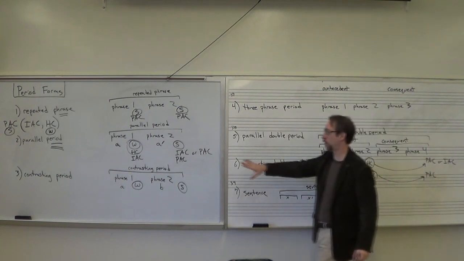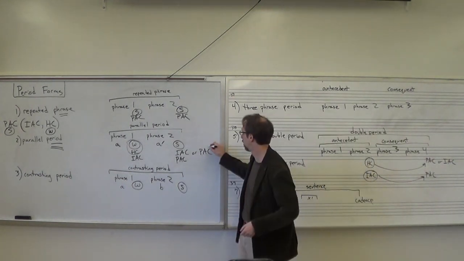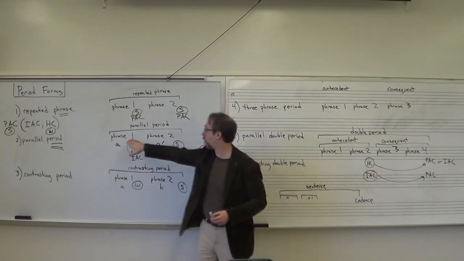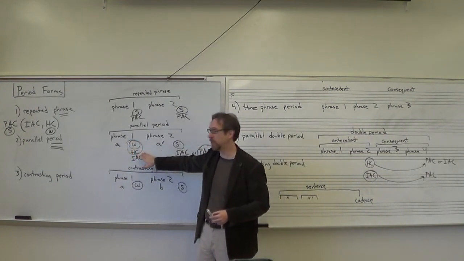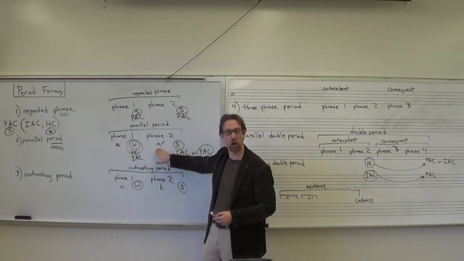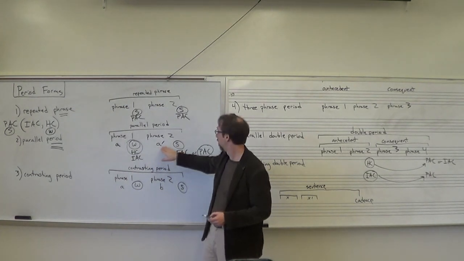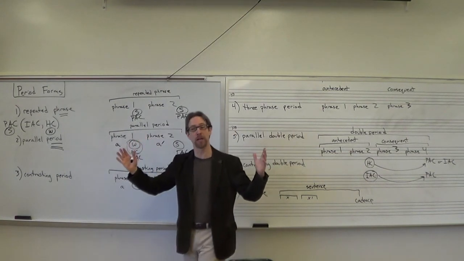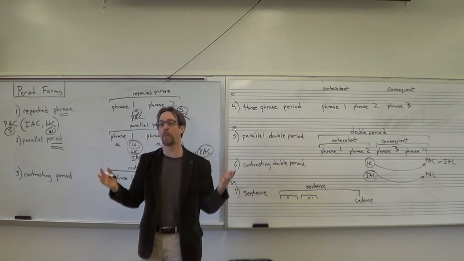But if you listen carefully, you can hear that it ends in a perfect authentic cadence. So we had a 4-measure phrase ending in a half cadence, followed by a phrase that started off very, very similar, that ended in a perfect authentic cadence. You can say that entire 8 measures is a parallel period.